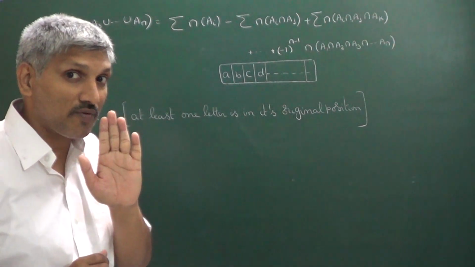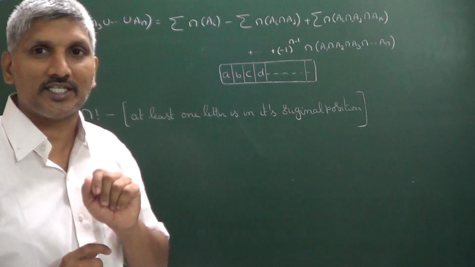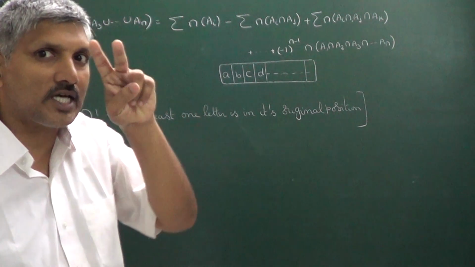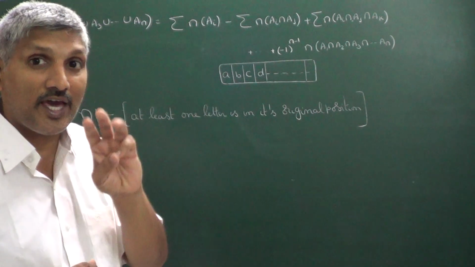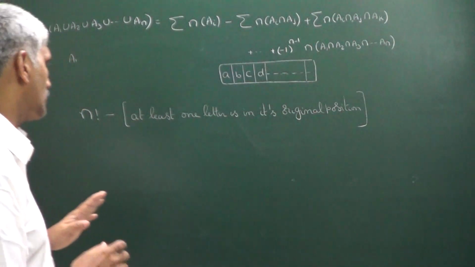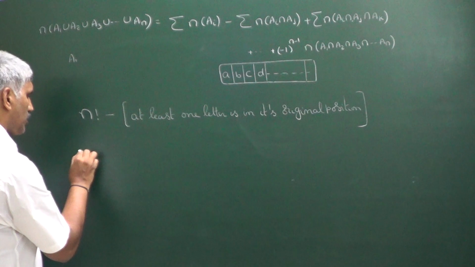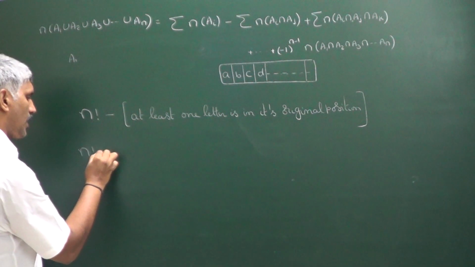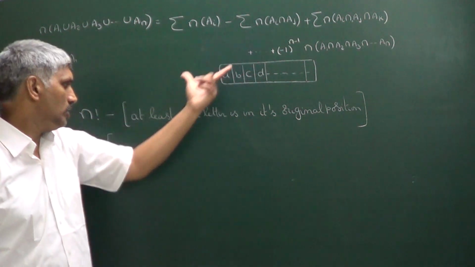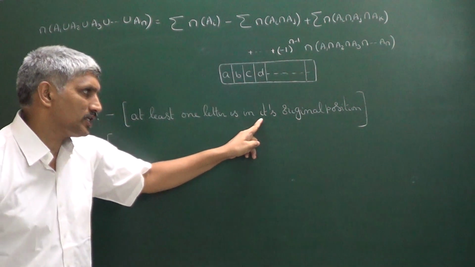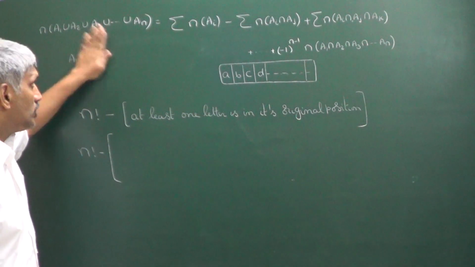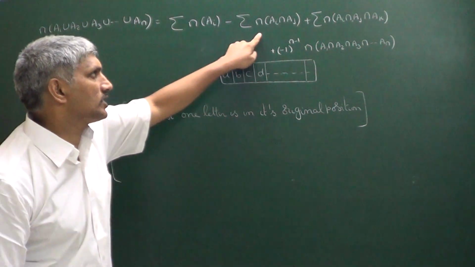Now, from the total number of possibilities we have to subtract this value, because at least one letter in its original position means we have to subtract this total summation.